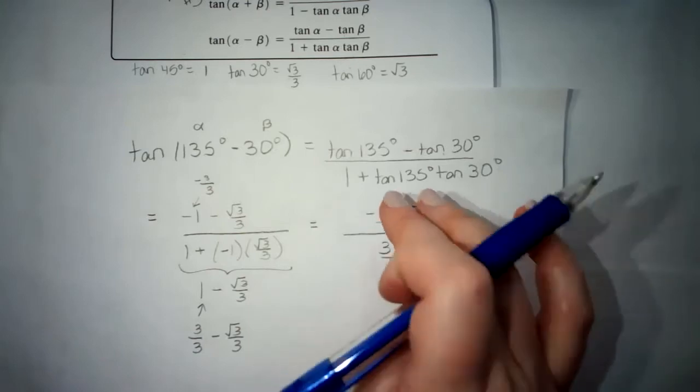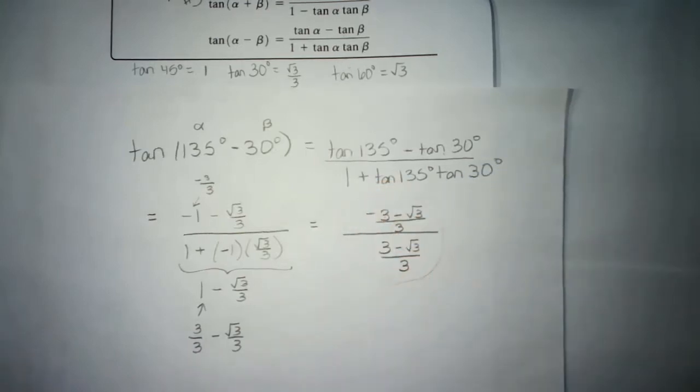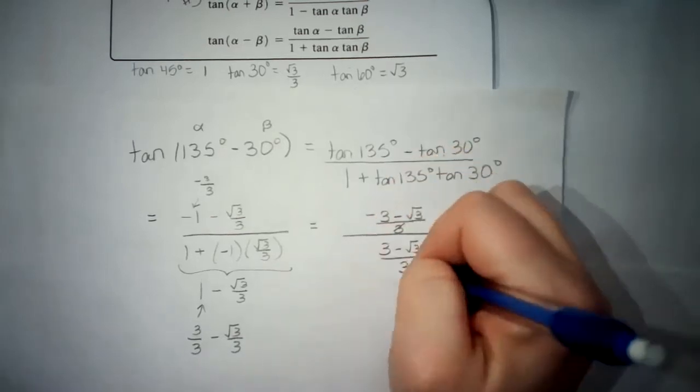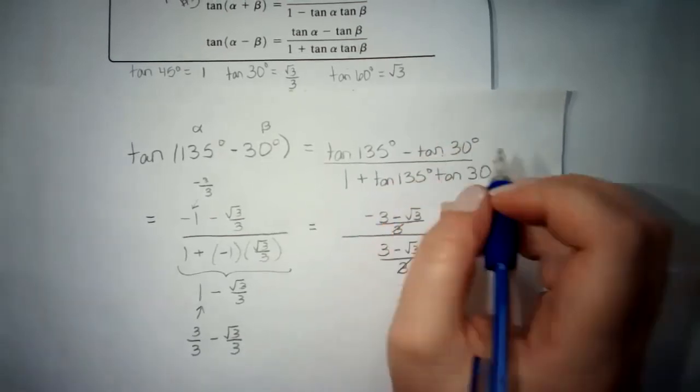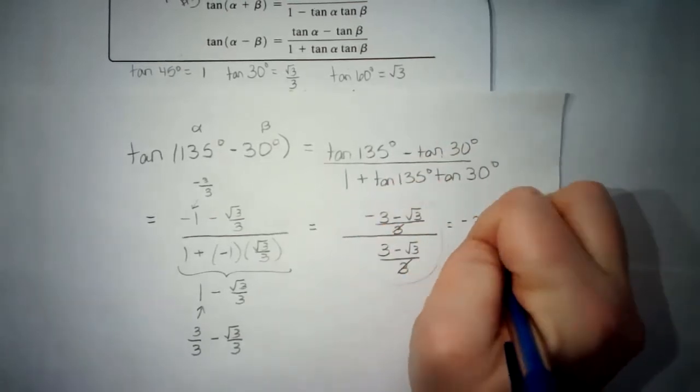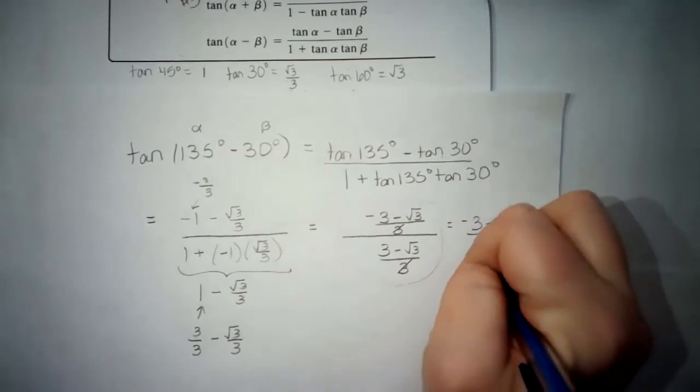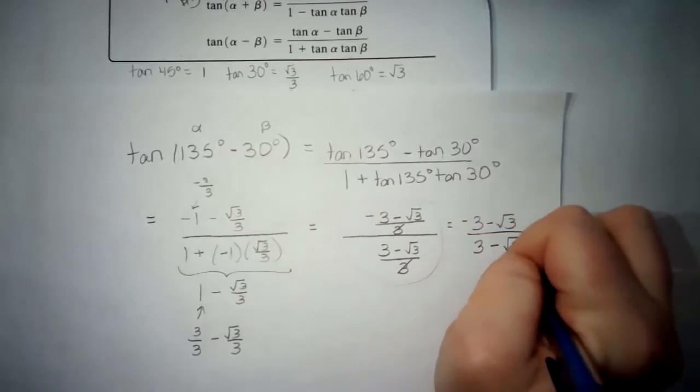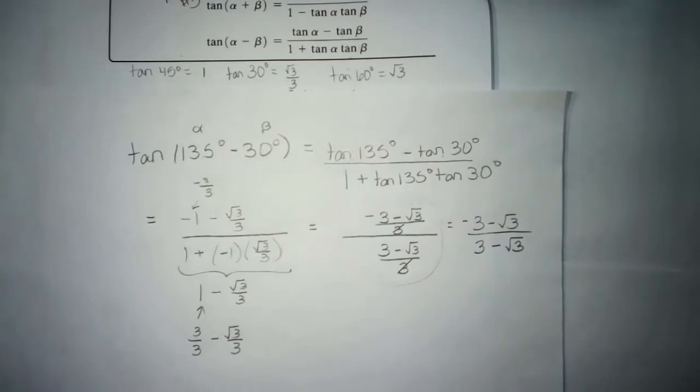Do you remember? You can do keep, change, flip, but what do you do if you have a fraction in the top and a fraction in the bottom and they have the same denominator? Do you remember what you can do to that denominator? You can cancel it, right? So I can cancel that, and that's going to give me a more normal situation. There we go.